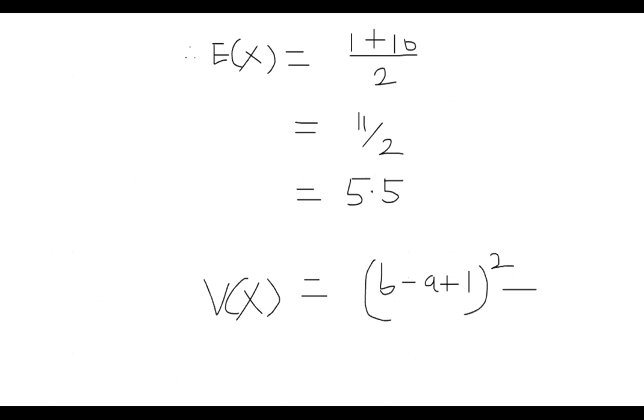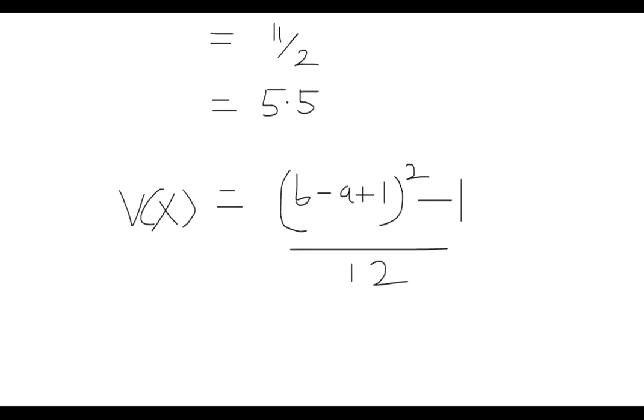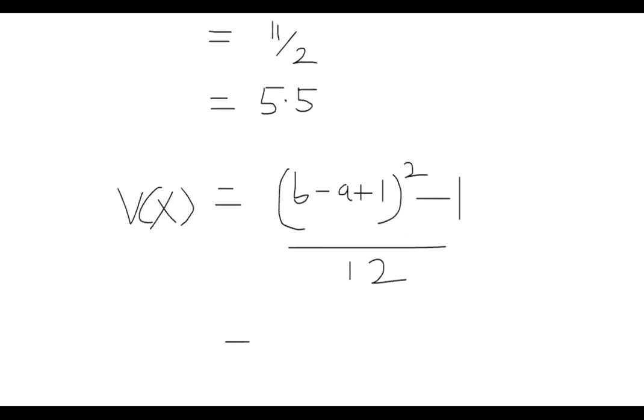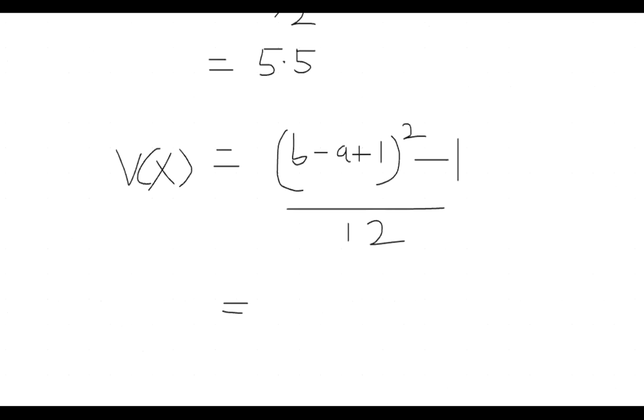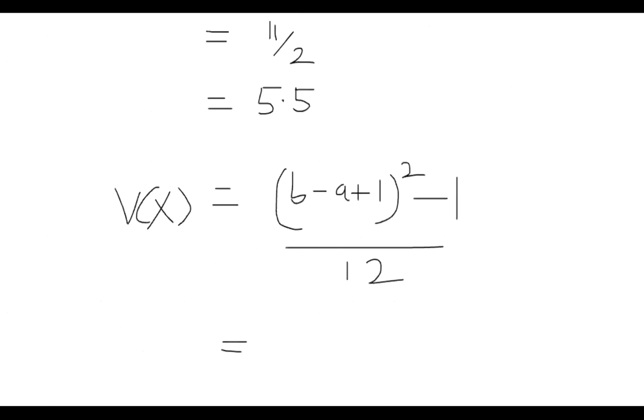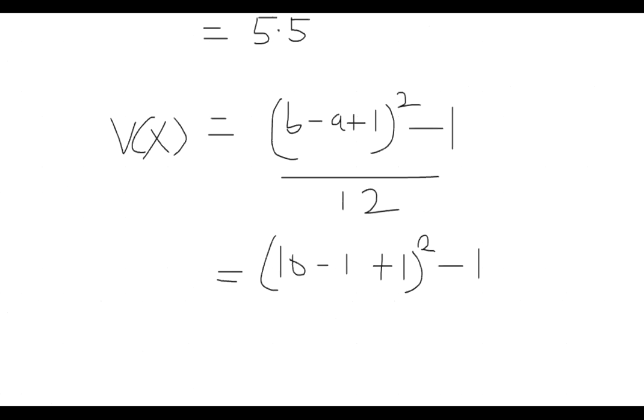And so we are going to have that become, we said our B is 10, A is 1: (10 minus 1 plus 1) squared minus 1, all over 12. And that should give us what we need.